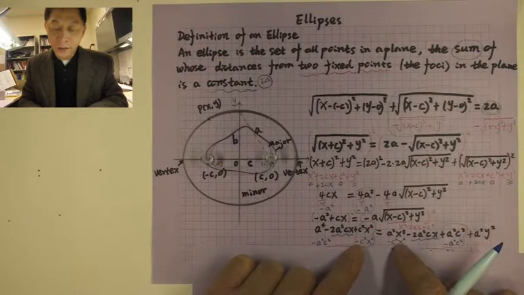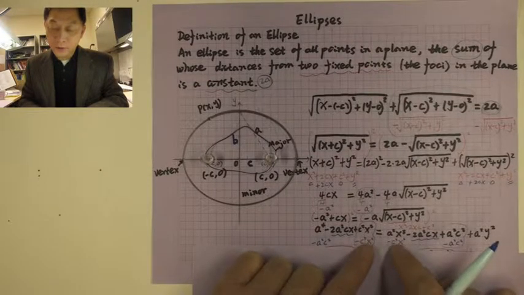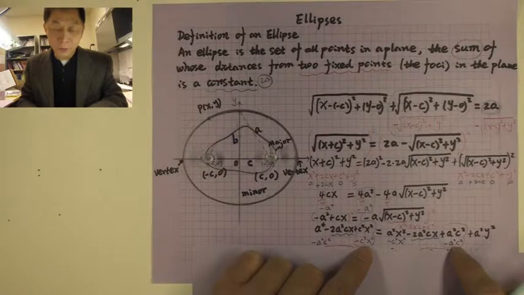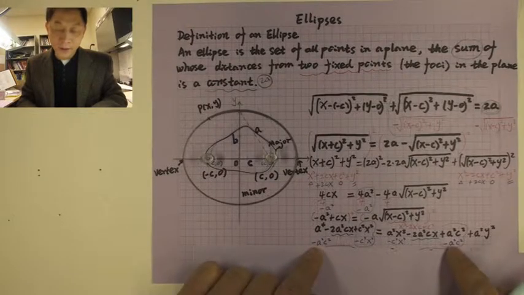So both sides minus c squared x squared. I also like to move this one to both sides, you see what I did is minus a squared c squared.